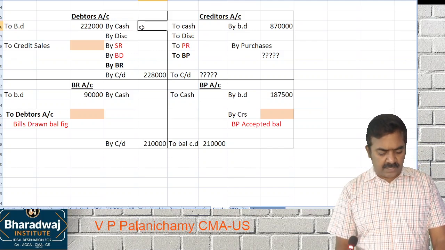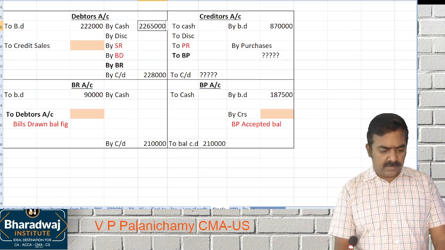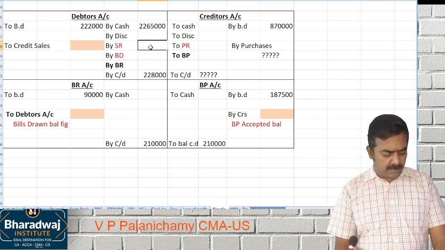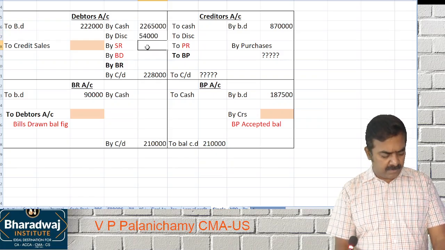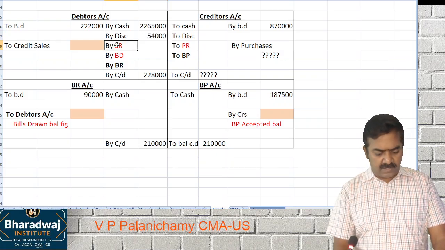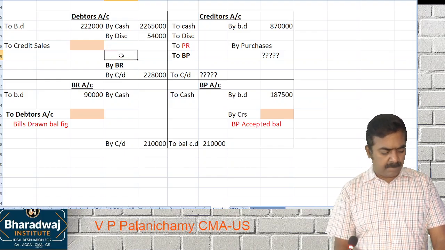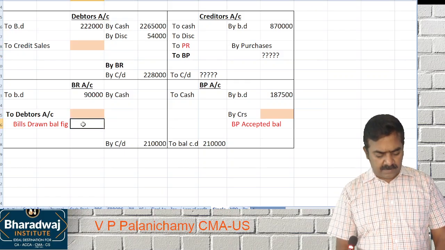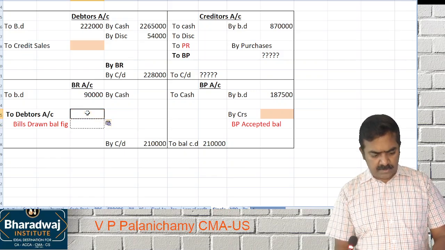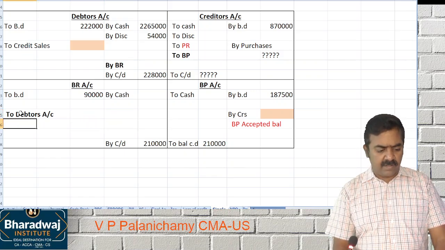Debtors account, how much cash have you collected? 22,65,000 we collected. Then what is the discount allowed? 54,000 we have allowed. No sales returns in this question, no bad debts in this question. How much are bills accepted? Sorry, bills receivable received during the year given?